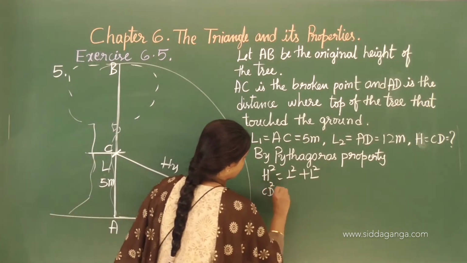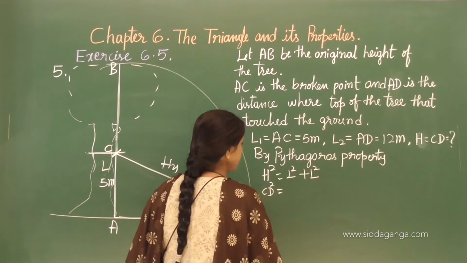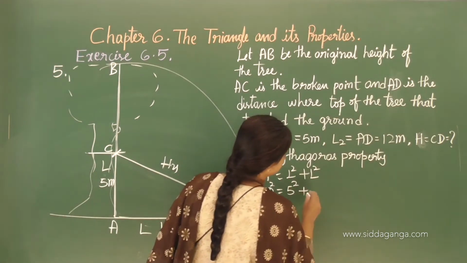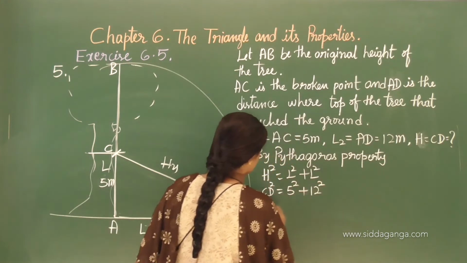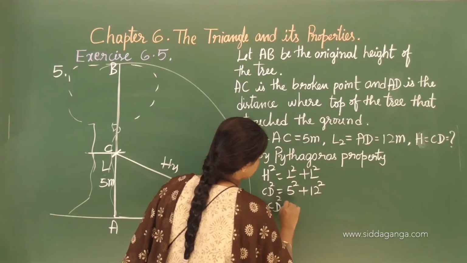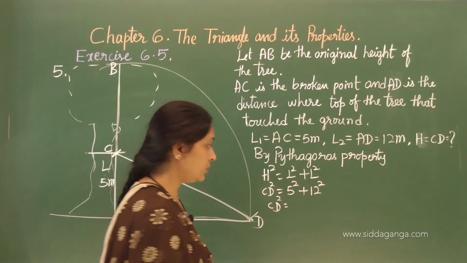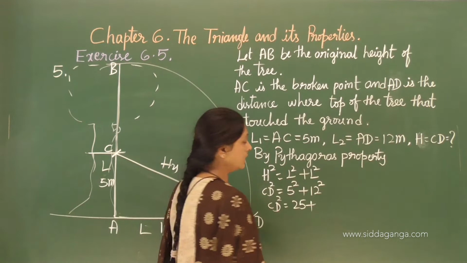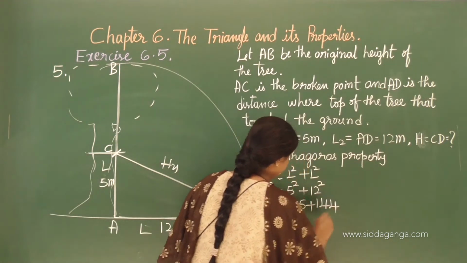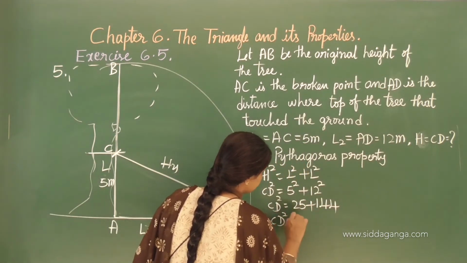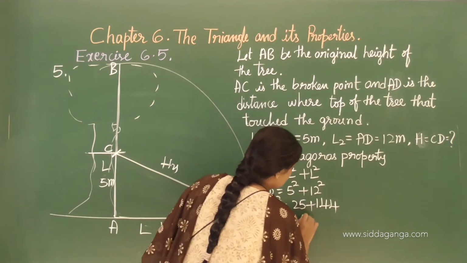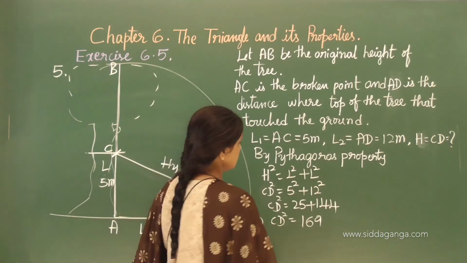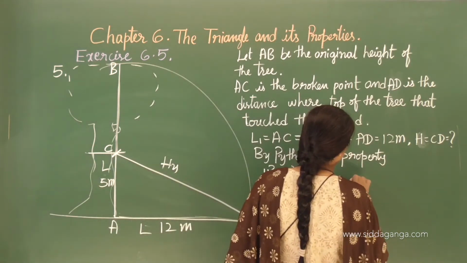CD squared we have to find, that is CD squared is equal to 5 squared plus 12 squared. CD squared is equal to 5 fives are 25 plus 12 twelves are 144. Okay, we got CD squared equal to 169.